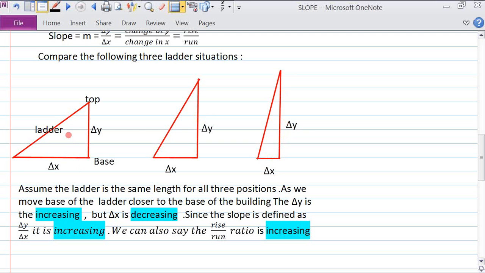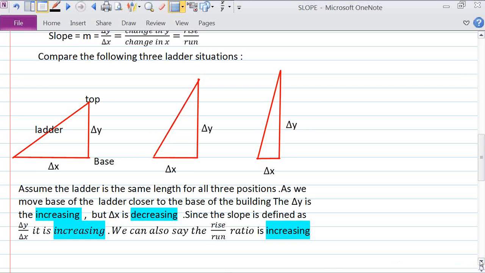So we can see as we go from here to here to here, because the slope is the change in y over the change in x, the delta y increases and the delta x decreases. So since the slope is delta y over delta x, the slope of this line as we go from here to here to here is increasing.